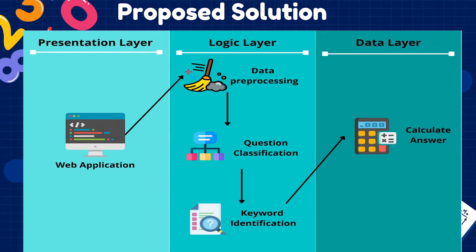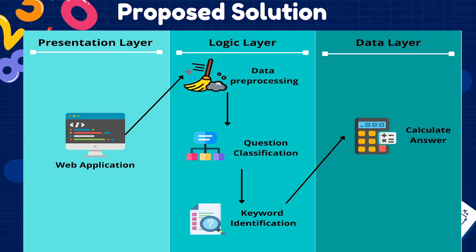The next stage would be the question classification. In this question classification, the system would classify the question according to the label of the category into which the question would be sorted. There are four categories: addition, division, multiplication, and subtraction.